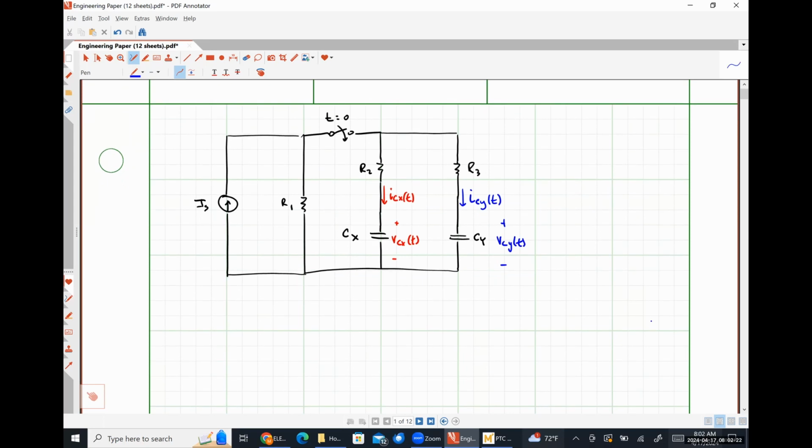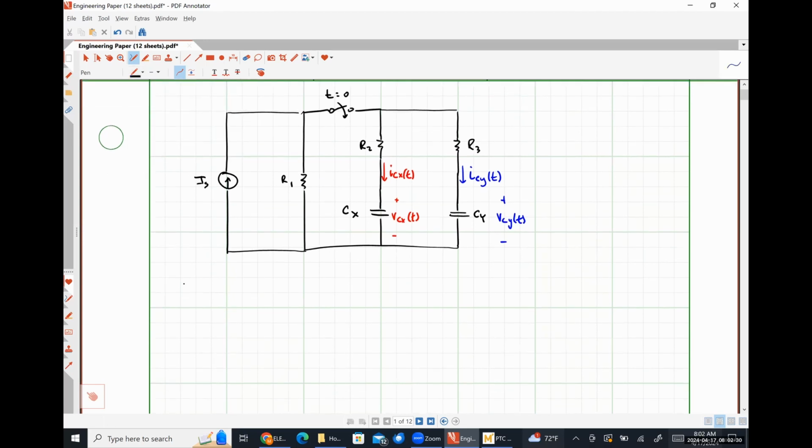Okay. So if memory serves me correctly, the first thing that I did was a Kirchhoff's current law equation, where I said that the current IS was equal to ICX plus ICY plus the current flowing down through resistor R1.